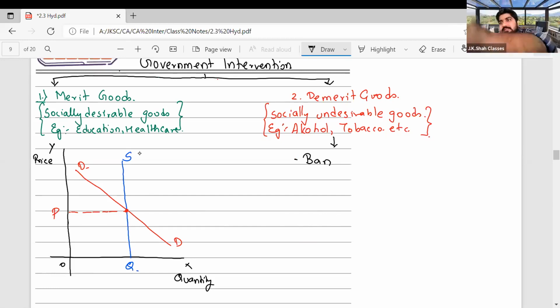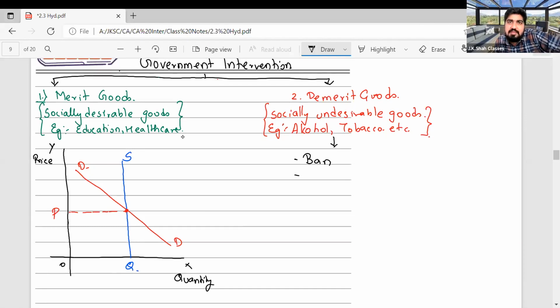So they have banned some products. One more. Correct, Danish. That's the point. One more thing. Yes, Satvik, that is also there. Correct, Tanishka. I'll explain that. So first thing is ban that we can do. But if we go on banning everything, where will government get income from?